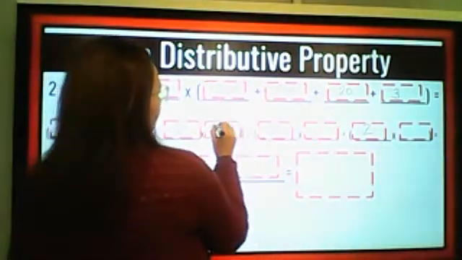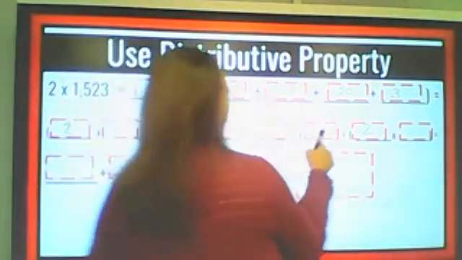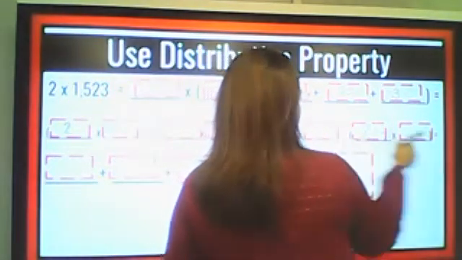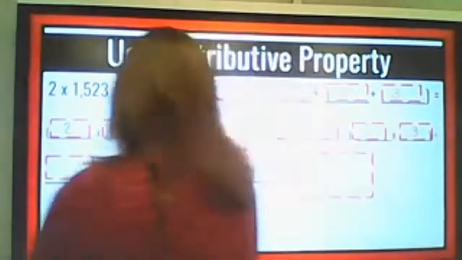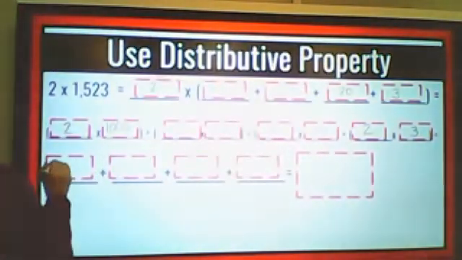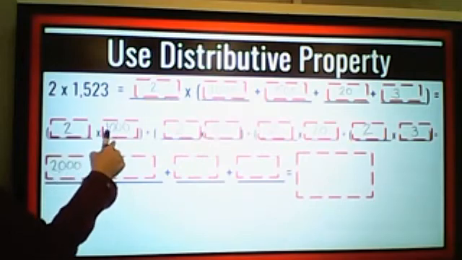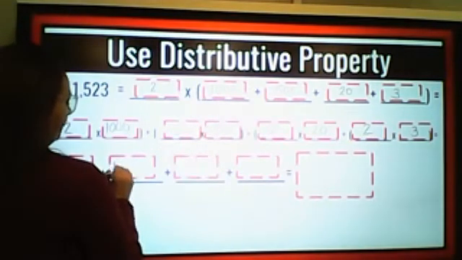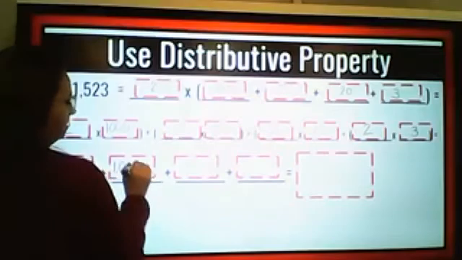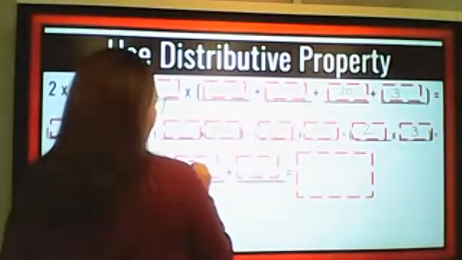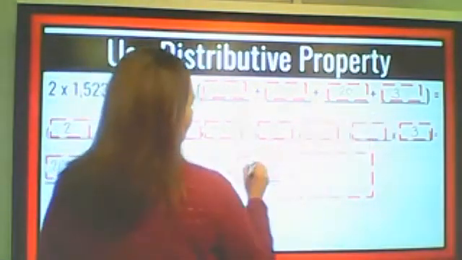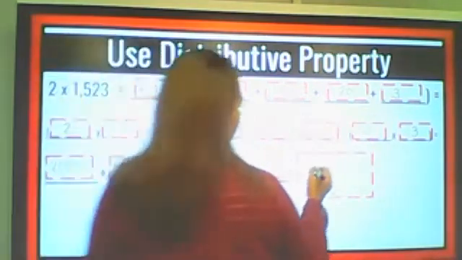What's going to go in this one? Yes. And then what's going to go here? Yep, and good. So here, again, this is that 2,000, where we did 2 times 1,000, and then 2 times 500, and then 2 times 20, and then 2 times 3, 6.